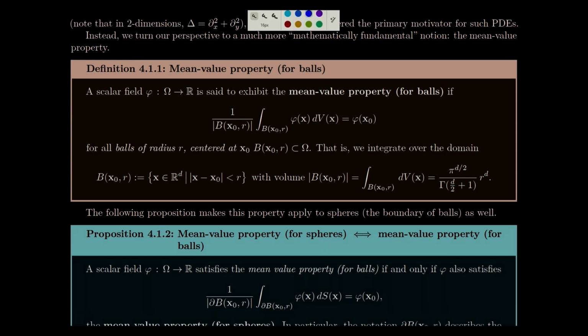So the mean value property is a property of scalar fields, for which if I integrate the scalar field over a ball with a specific radius, and then I average over the size of that ball, so that's the mean part of mean value, I'm going to average over the size of the ball. If I integrate over the entire ball, I actually recover the value in the center.